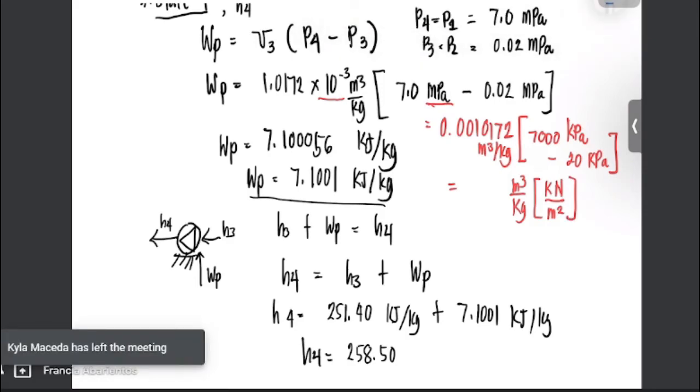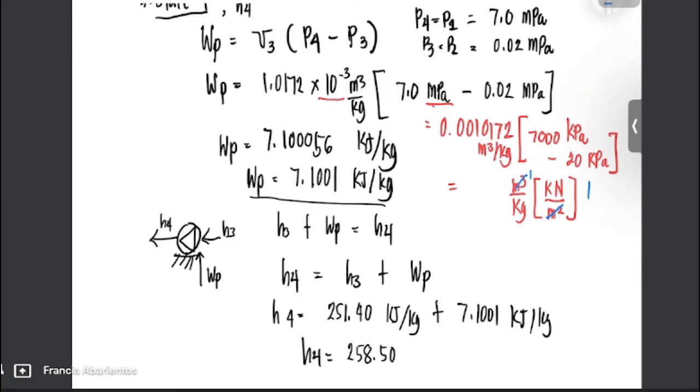Matitira sa'yo is kilonewton meter per kilogram. Your newton meter is in joule, so kilojoule per kilogram. So, what is now the answer here? Parehas lang ba? Sige nga. What did you find?